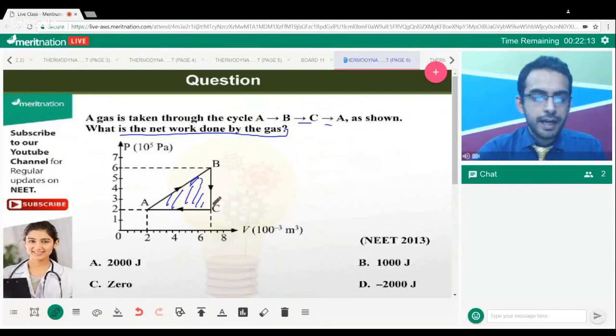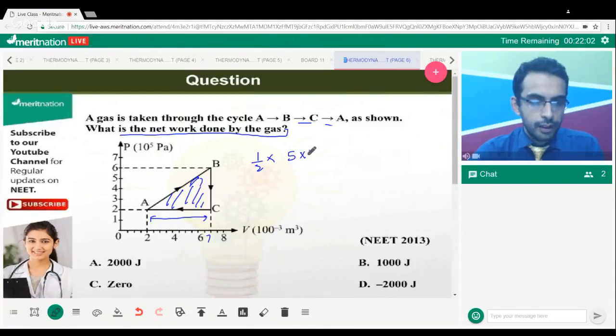Simply you can say it's a triangle. So half into base; you can see it's 7 minus 2, that is 5 into 10 raised to power minus 3.